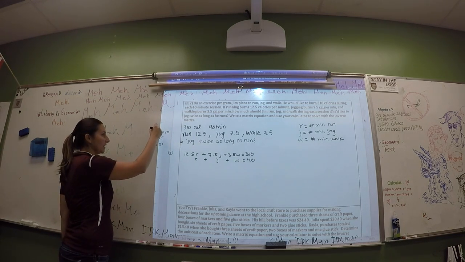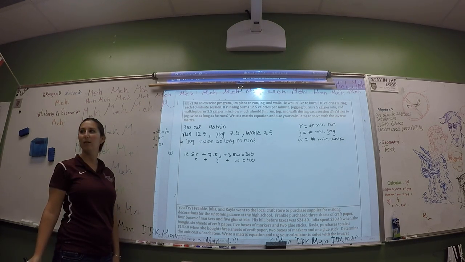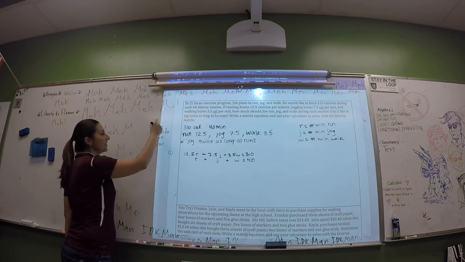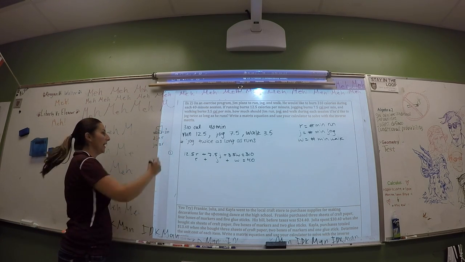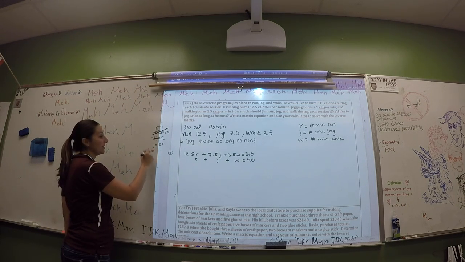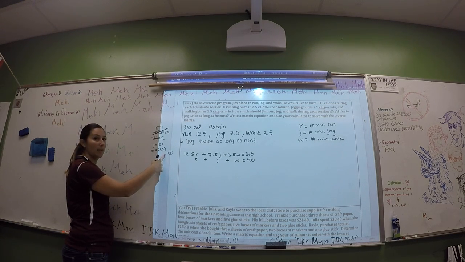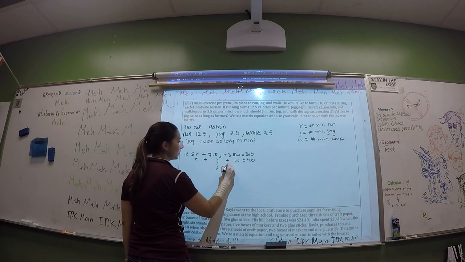He's trying to jog twice as much as he runs. If J is 10 minutes, then R is 20 minutes? That's bad. Okay, so if J equals 2R, if J is 10, then R would have to be 5. Is he jogging twice as much as he's running? Yeah. Okay, so it's this one. J equals 2R.